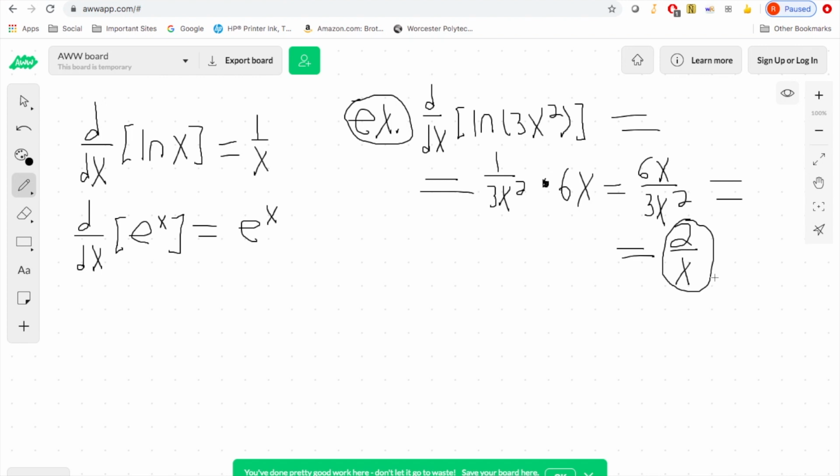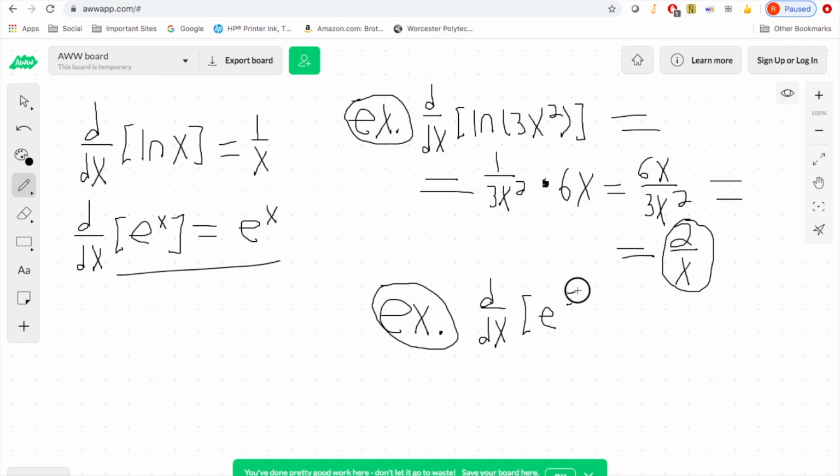And now let's do a derivative of a base e function using chain rule. This one is probably going to be very easy if you understood that natural log one, given that we have that simple form that maintains itself. So, derivative of, let's do e to the 5x.